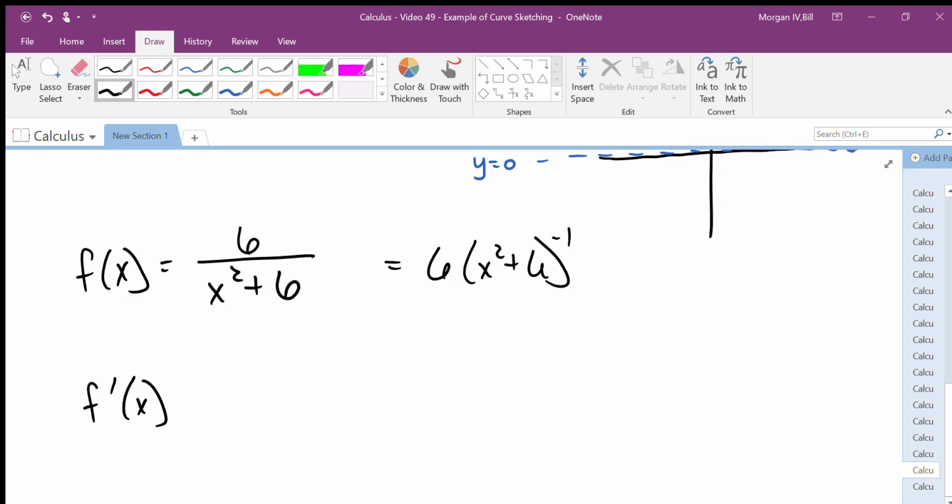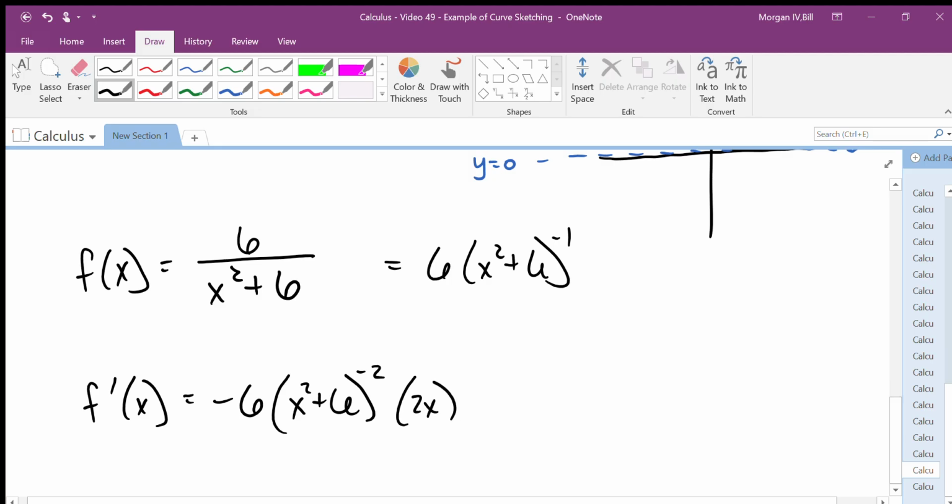We'll do chain rule. We'll take that negative 1, bring it out front, so it's negative 6 now, times x squared plus 6, subtract 1 from the exponent so now we're at negative 2, and then multiply by the derivative of the inside, 2x. Which is negative 12x over x squared plus 6 squared.